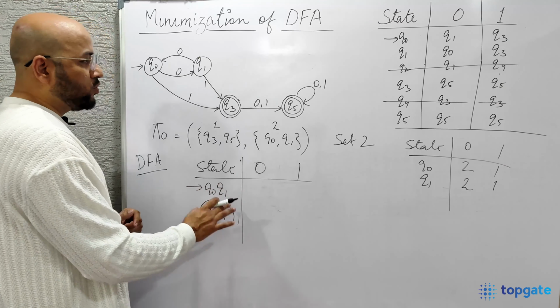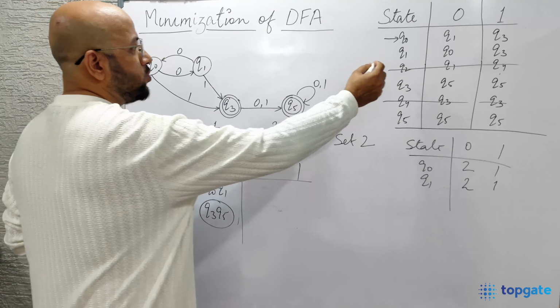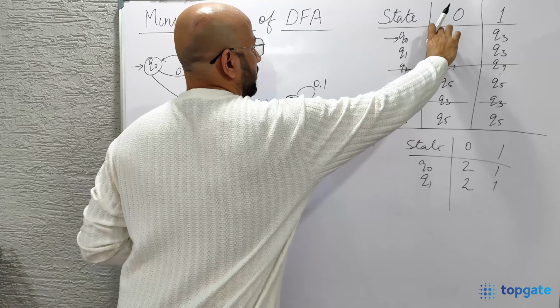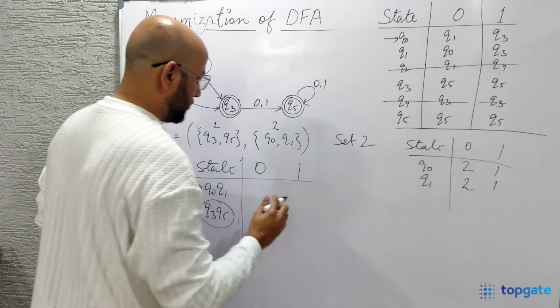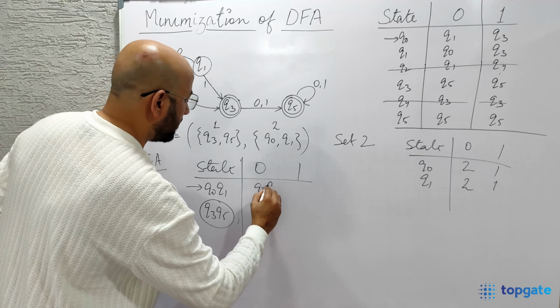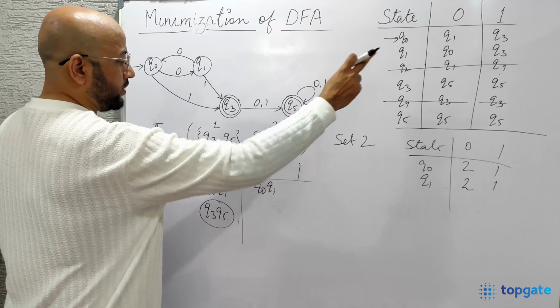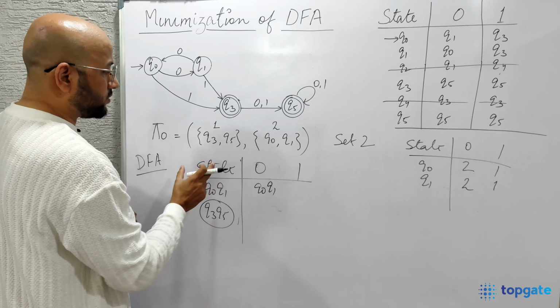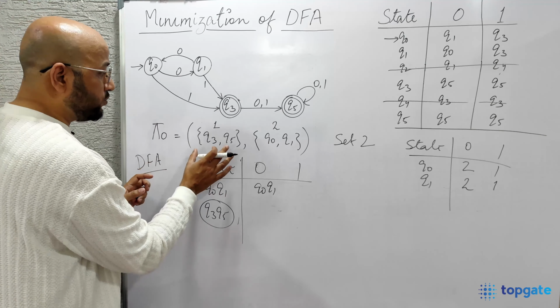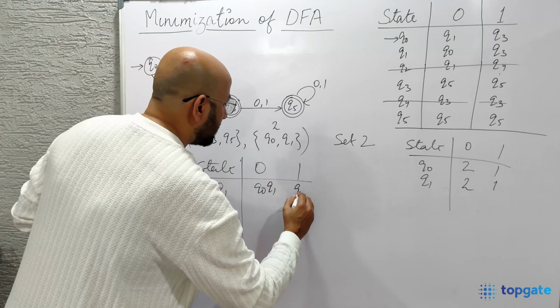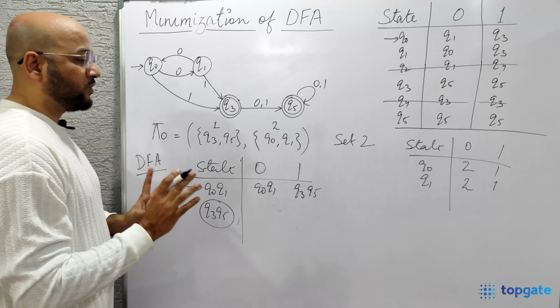Now for Q0, Q1, I'll go to the main table. I have Q0, Q1 and Q3, so I'll write Q0, Q1 and Q3. Now I'll see whether Q3 is alone here. Q3 is not alone; it is with Q5. So I'll write Q3, Q5 instead of Q3 alone.